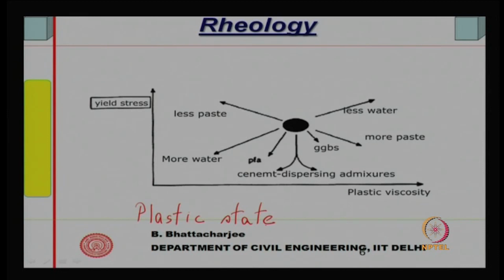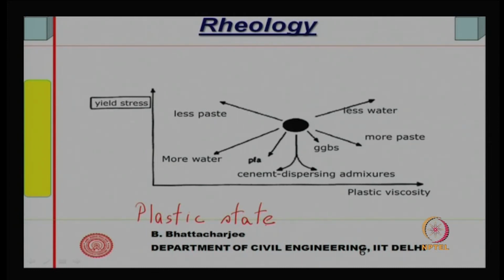Liquid on the other hand just flows on its own and follows Newton's law of viscosity. So, they are called Newtonian liquid, that is, shear stress is proportional to velocity gradient or rate of shear strain, and the constant of proportionality is the viscosity. So, plastic, after yield shear stress has been reached, will behave almost like liquid and you have a plastic viscosity.